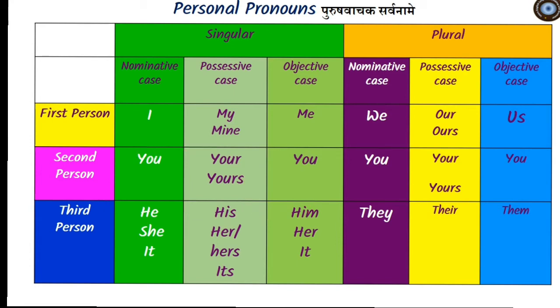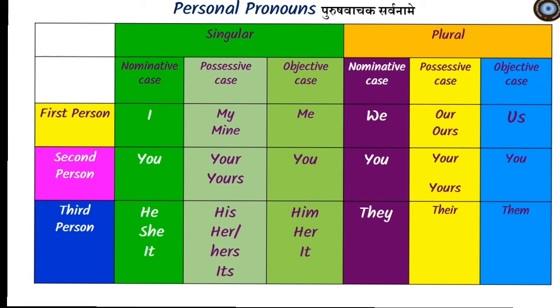Then third person nominative case singular pronouns are he, she, it. Their possessive cases are his, her or hers, and its. And their objective cases are him, her, and it. So him, her, it are the objective cases in singular.